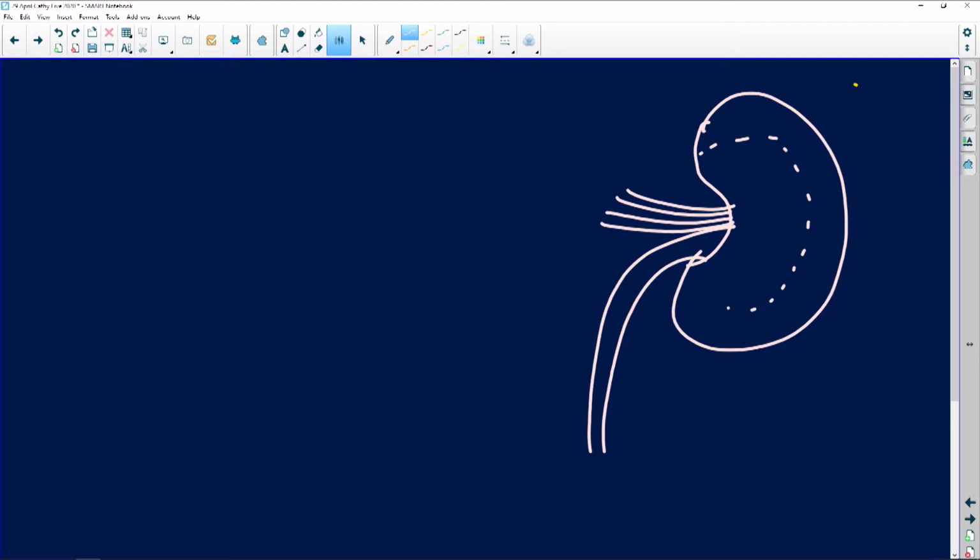And I want you all to say, I know what it is, because we did the kidney last week. I'm not going to draw all of the rest. So this is the cortex. This is the medulla.